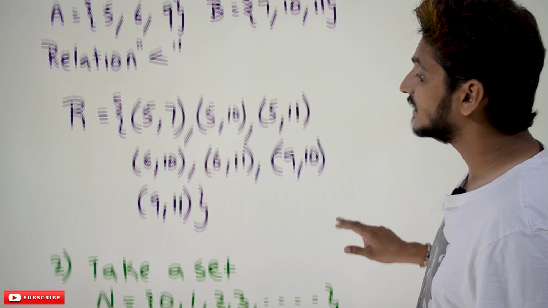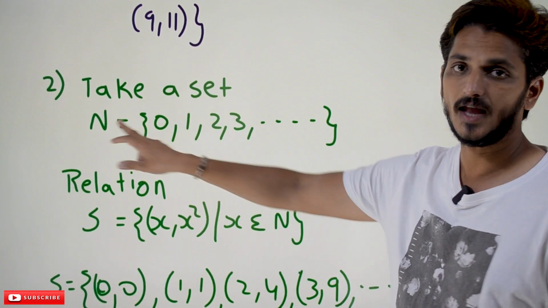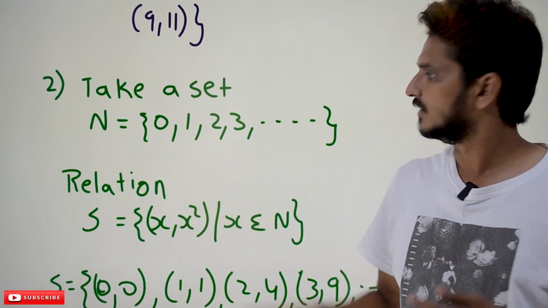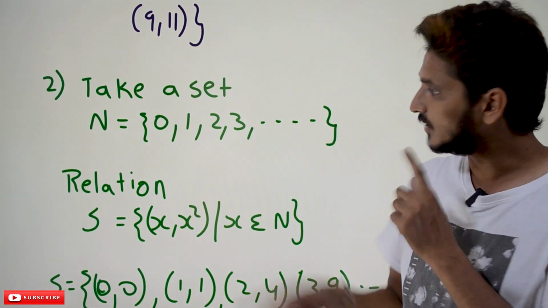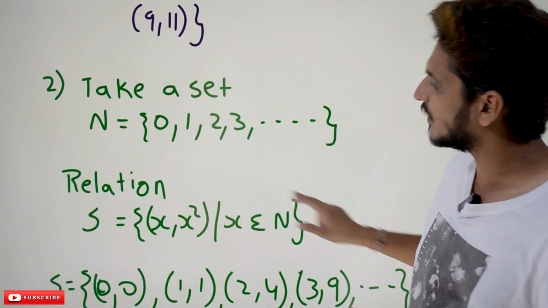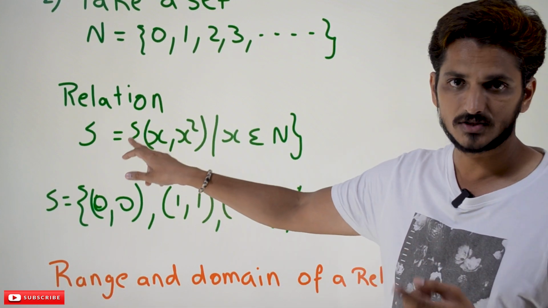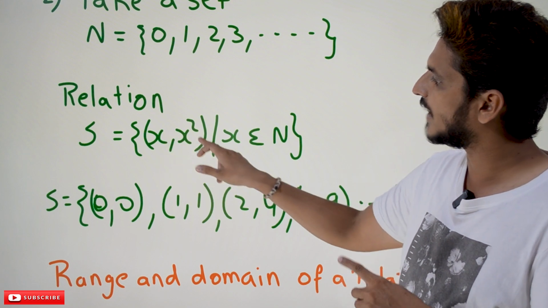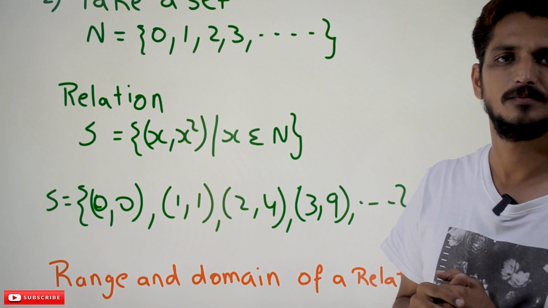Now coming to taking a single set. Most of the time it will be like this. Take a set N. N means all the natural numbers, from 0, 1, 2, 3 and so on up to infinity. On this natural number set, what does our relation say? S is a relation in the form of (x, x square), where x belongs to natural numbers.